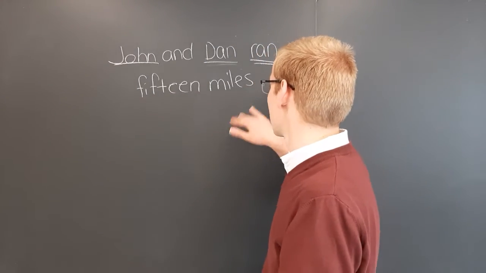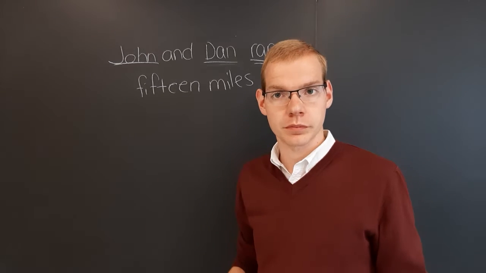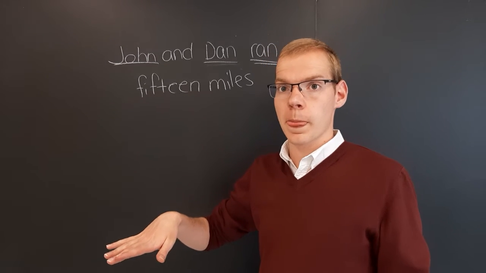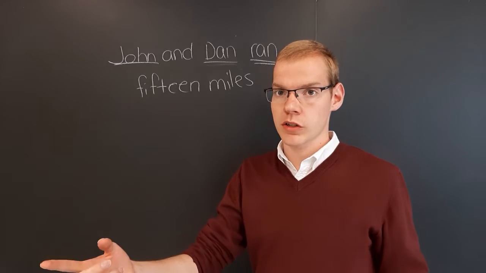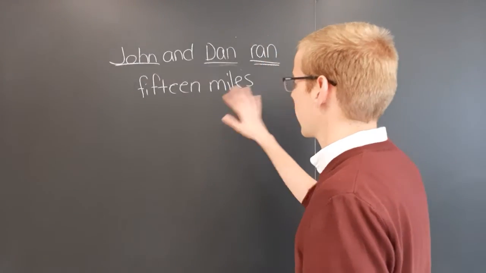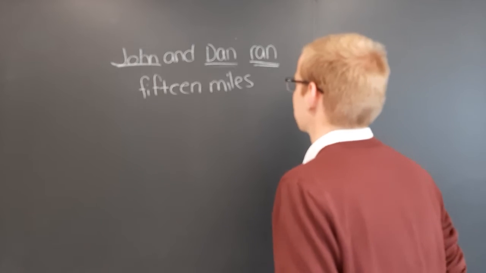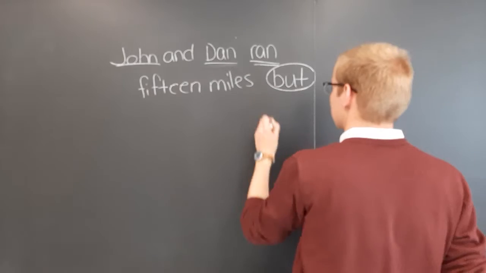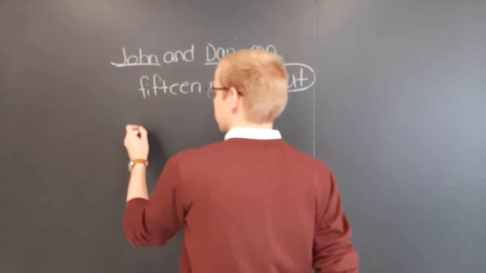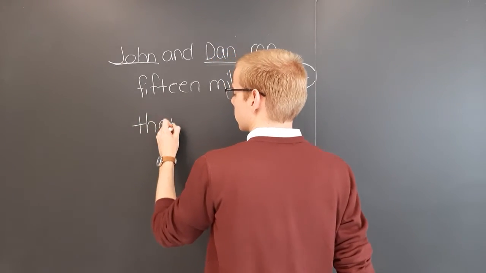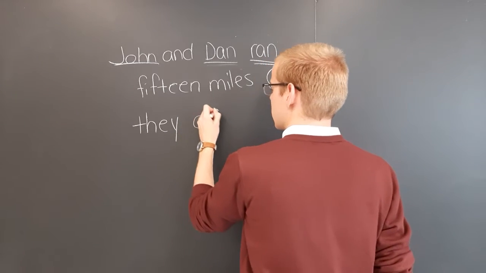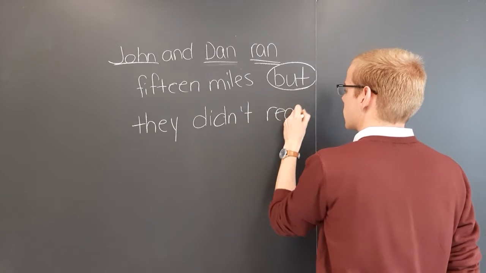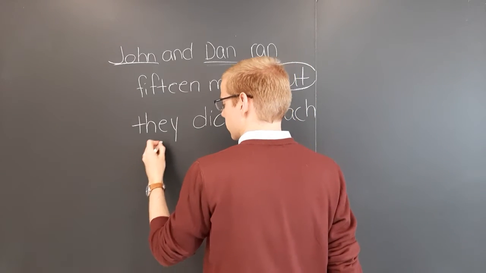Now, let's make this one a compound sentence. Let's add a semicolon or a conjunction. John and Dan ran 15 miles, but they didn't reach their destination.